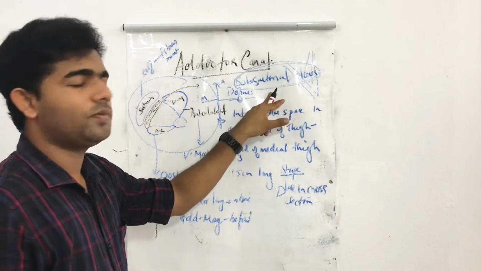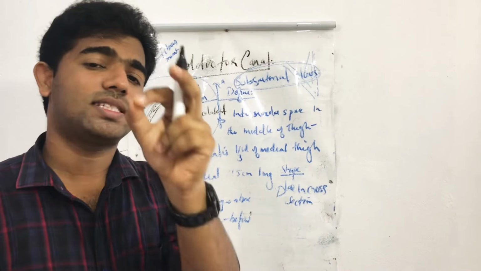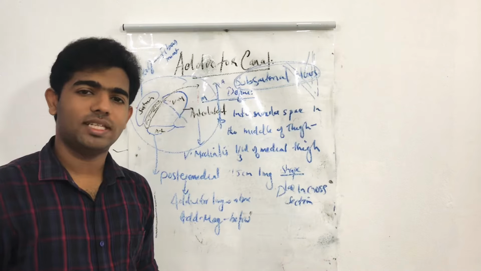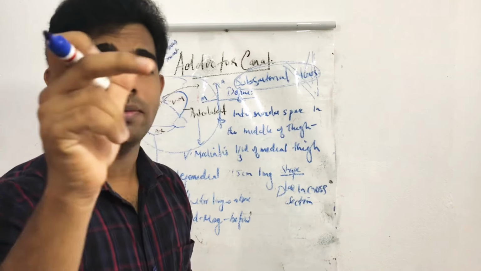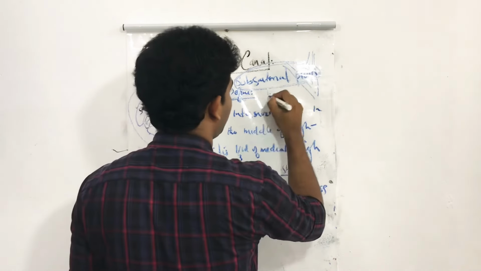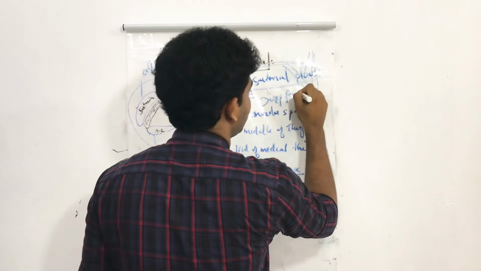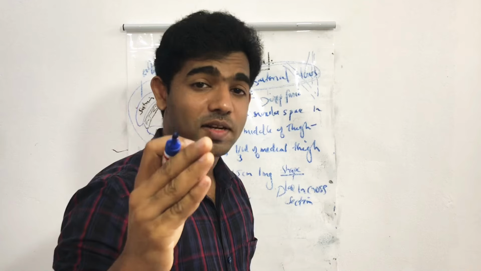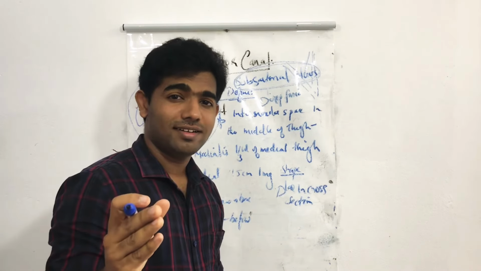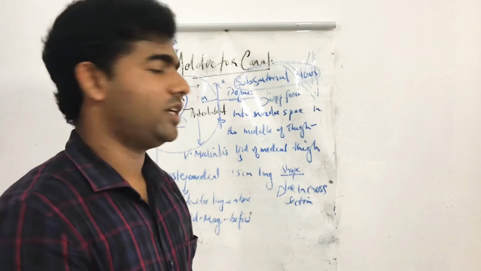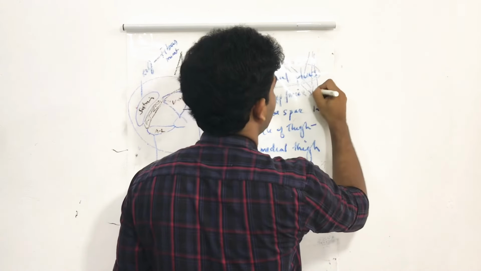That network of nerves is known as the subsartorial plexus of nerves. And they supply the deep fascia. Can anyone tell what is the other name of deep fascia? That is fascia lata. It supplies the deep fascia or the fascia lata and the skin underlying.